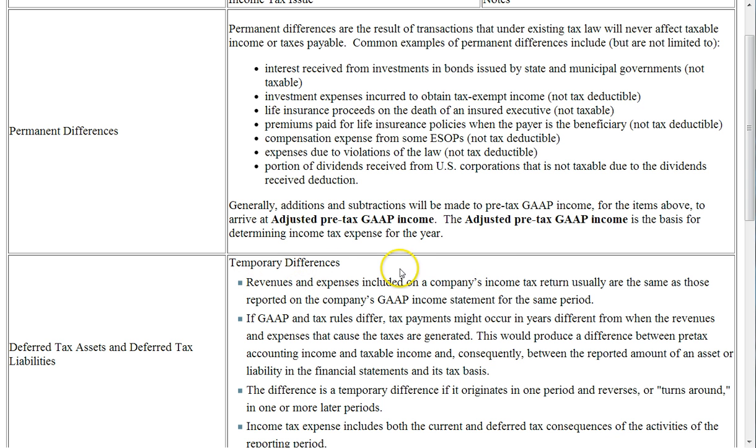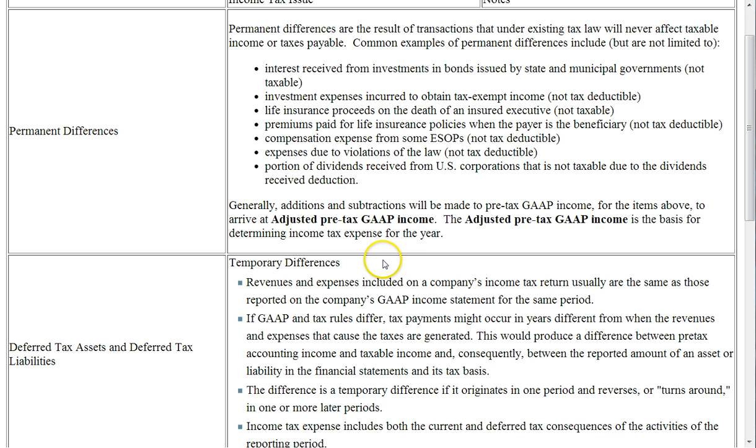And then there are these temporary differences where revenues and expenses can appear on the GAAP income statement in one period, and that same revenue or expense will show up on the tax return in some different period. And those are what are known as temporary or timing differences.